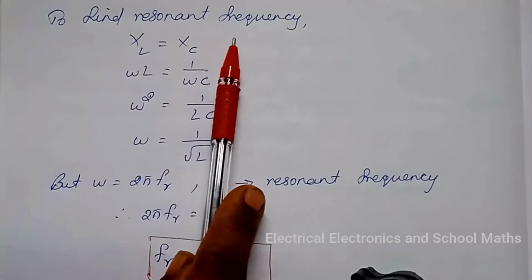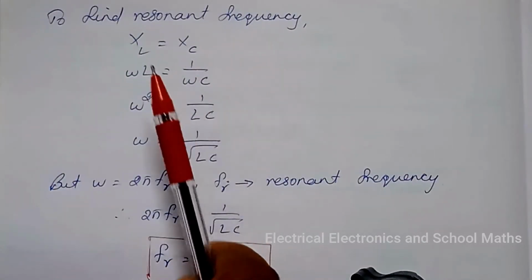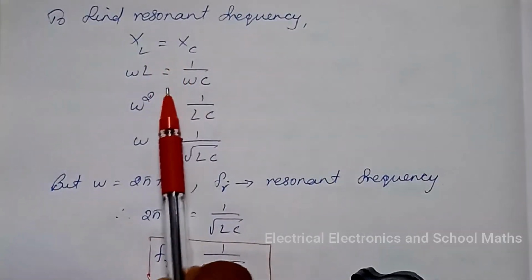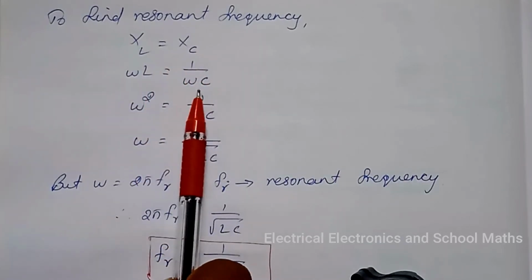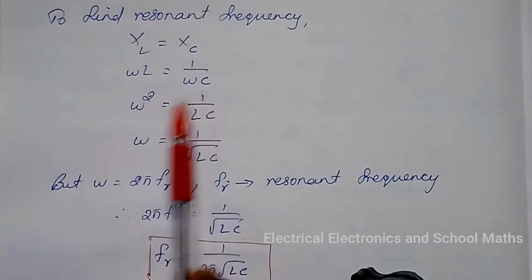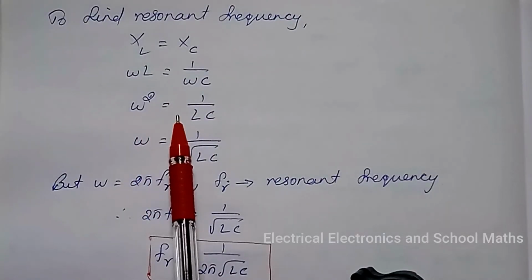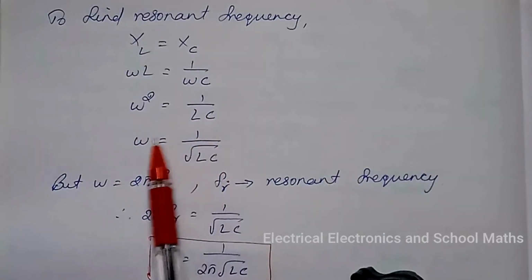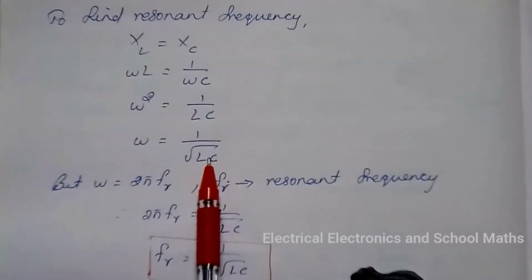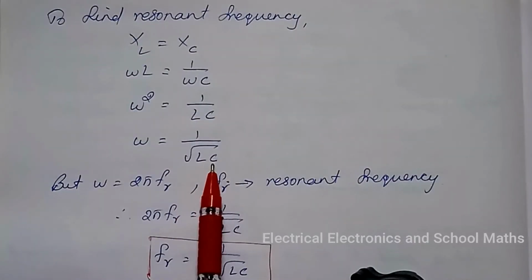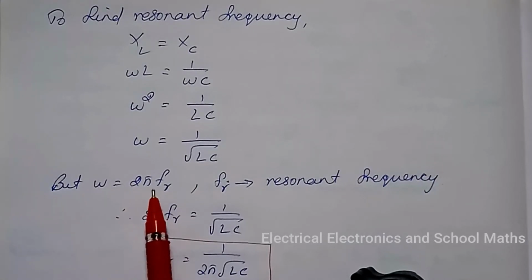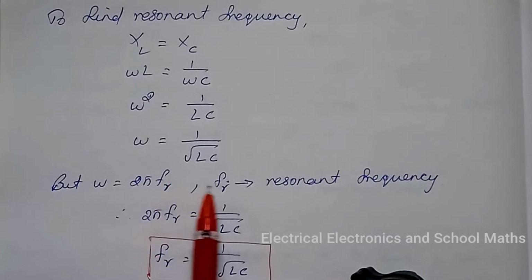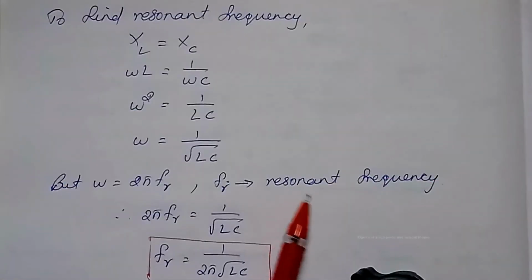To find the resonant frequency, XL equal to XC, that is, XL is omega L and XC is 1 by omega C. Then we get omega squared equal to 1 by LC, that is, omega equal to 1 by square root of LC. But the angular frequency omega is equal to 2 pi fr, where fr is the resonant frequency.